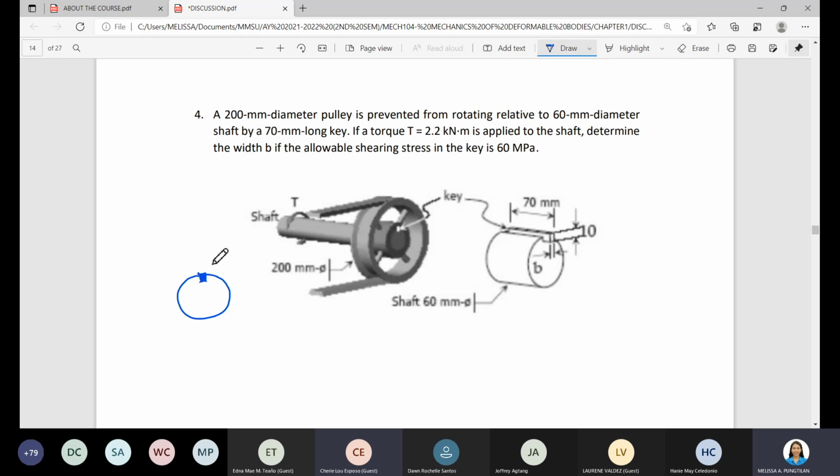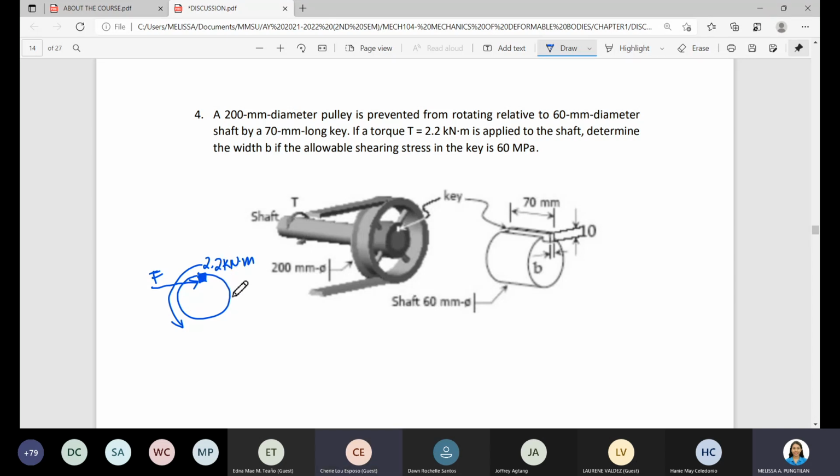So the shaft has a torque of 2.2 kilonewton meter. The purpose of the key here is to prevent this shaft from rotating with a force of F. So we need a force F to resist the rotation of our shaft, or our pulley.